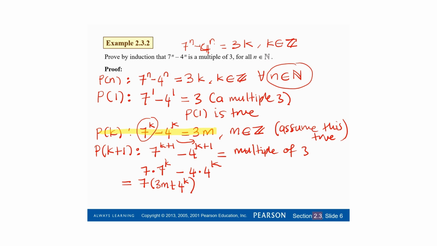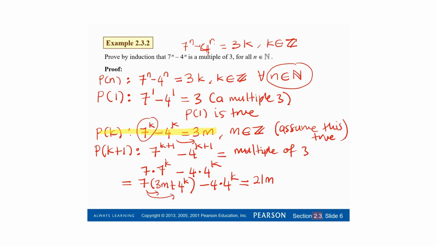Okay, and the second one, we can see that we have minus 4 to the power of k, right? So I can remain that one as minus 4 times 4 to the power of k. And I further simplify this one. Okay, so I will have 21m. Okay, so I expand this one.